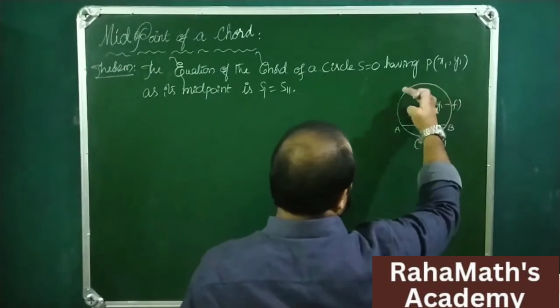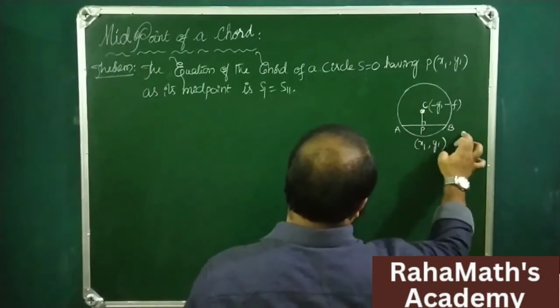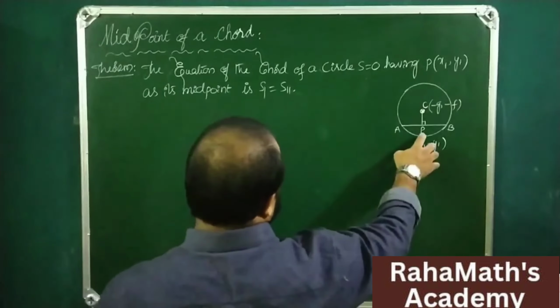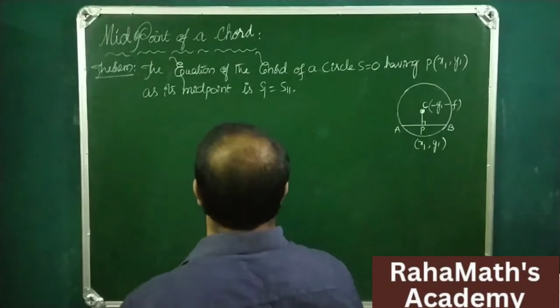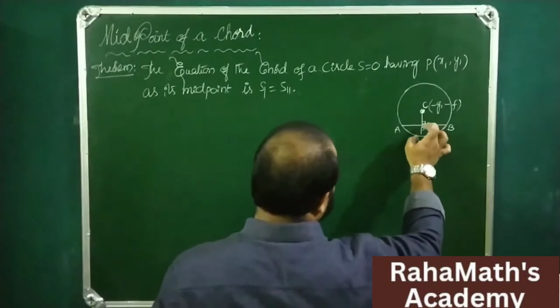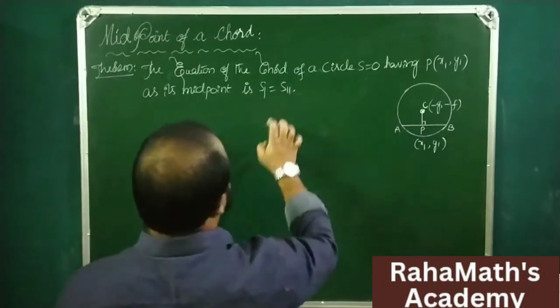So let S equals to 0 be the circle. Let AB be the chord, and P point (x1, y1) is given. Then the equation of this chord AB is S1 equals to S11.